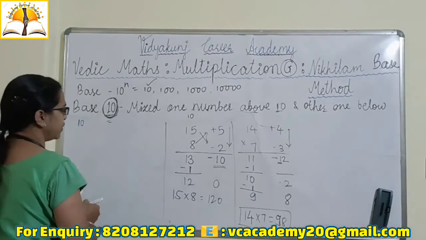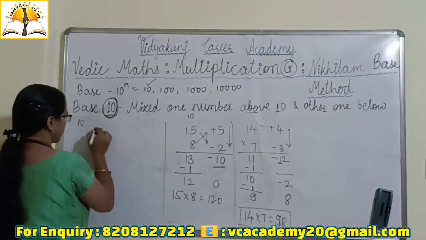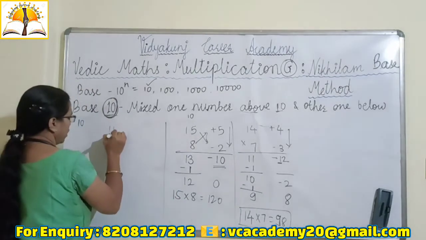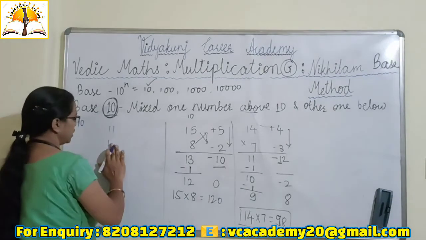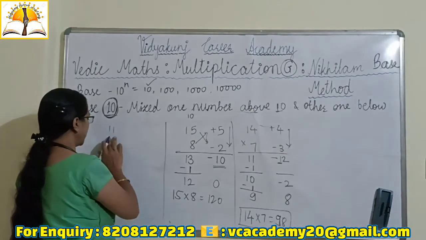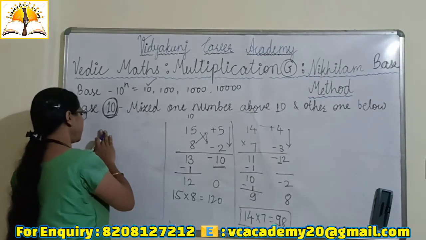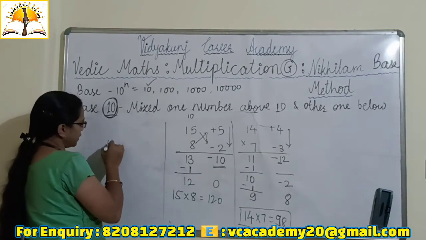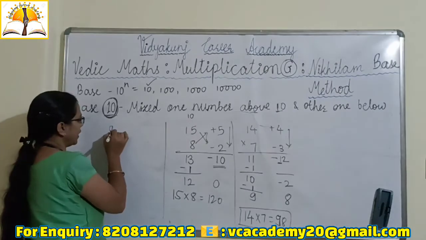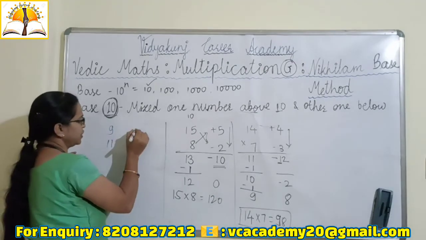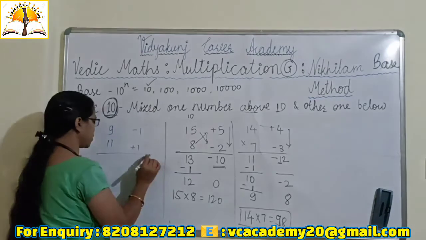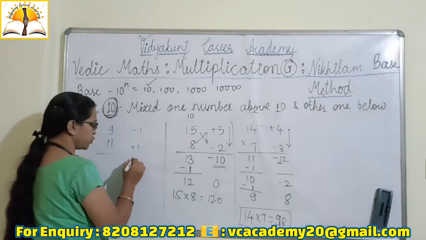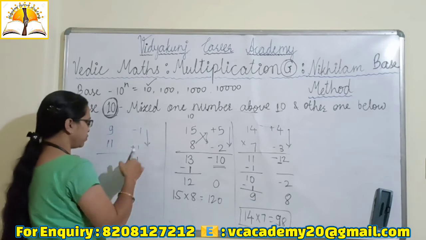See here, I will take another also. 11 into 12. I have to take a below number, no? I will take 11 and I have taken 9. Here will be minus 1, here will be plus 1. Minus plus minus only. We have to multiply.